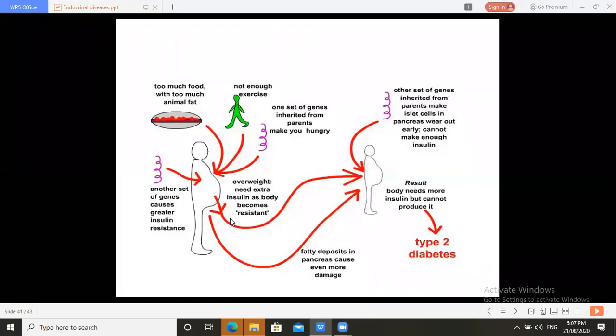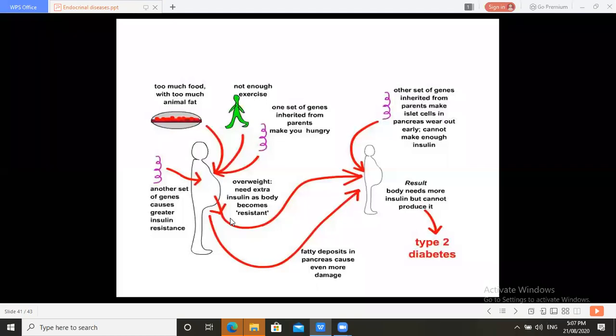Any other clinical symptoms? Increased hunger, polyphagia.